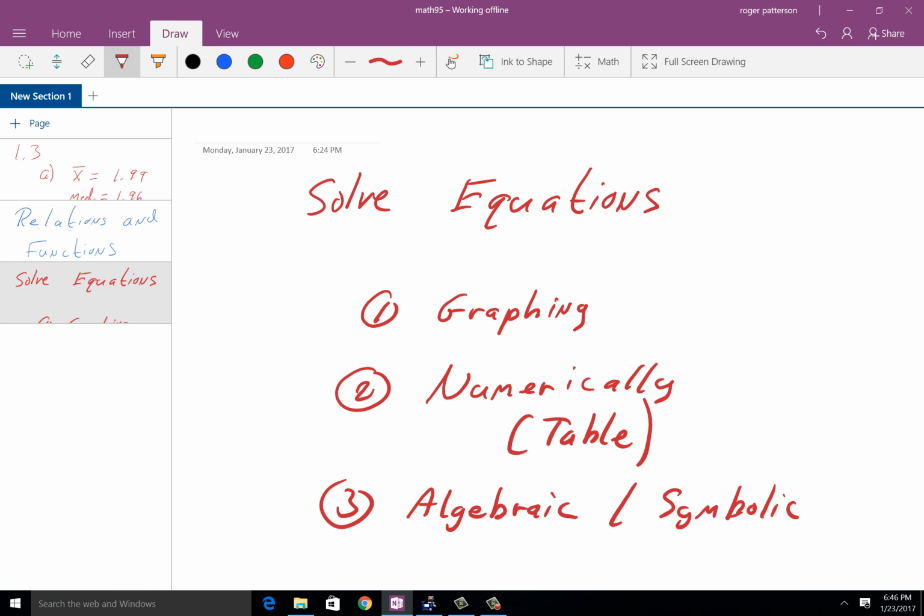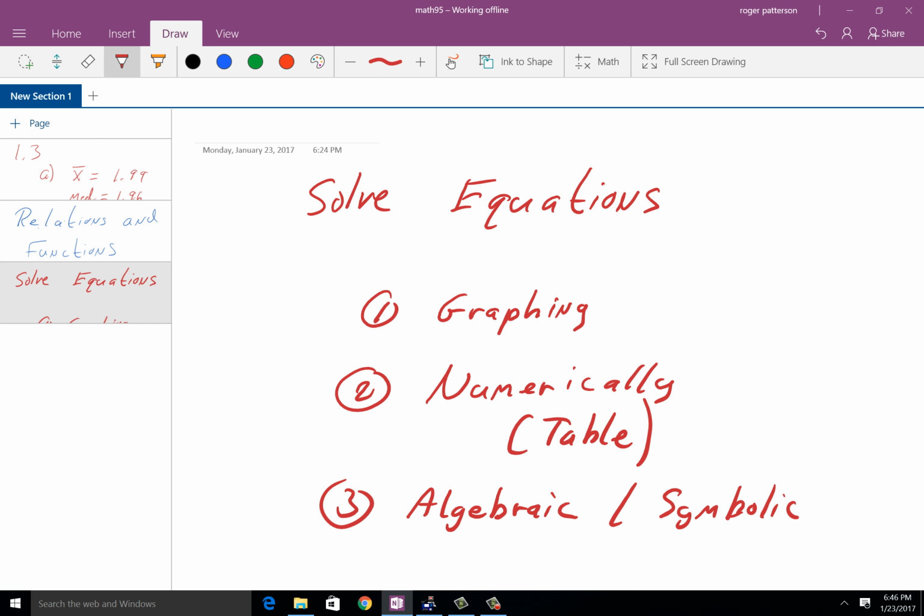Now, graphing is a good way to solve certain equations. It's just the easiest, most efficient way. Not everything should be solved graphically, but some equations can only be solved graphically, so you got to do it that way. Numerically with a table, they're pretty big on that, but quite frankly, as a high school teacher, I don't really do a lot of numeric table stuff. It's just tedious.